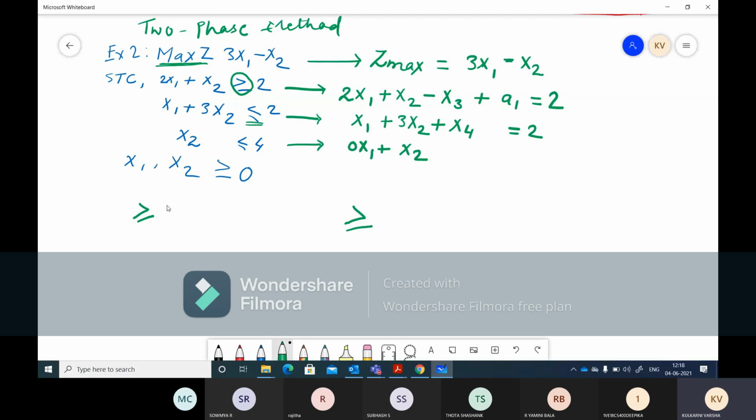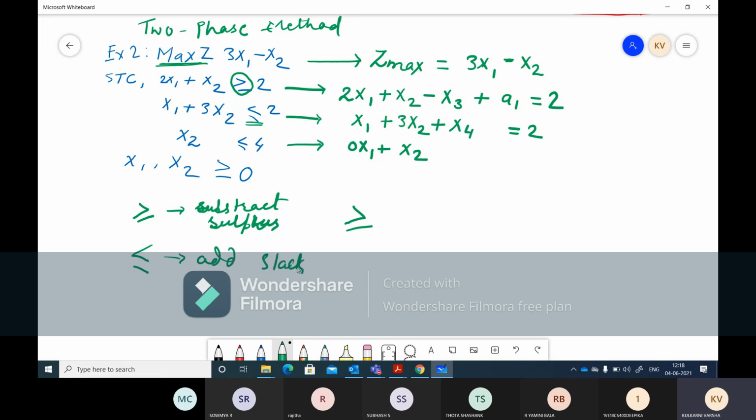Remember, this is greater than or equal to, and this is less than or equal to. Greater than or equal to means you have to subtract a surplus variable. And here you have to add a slack variable.